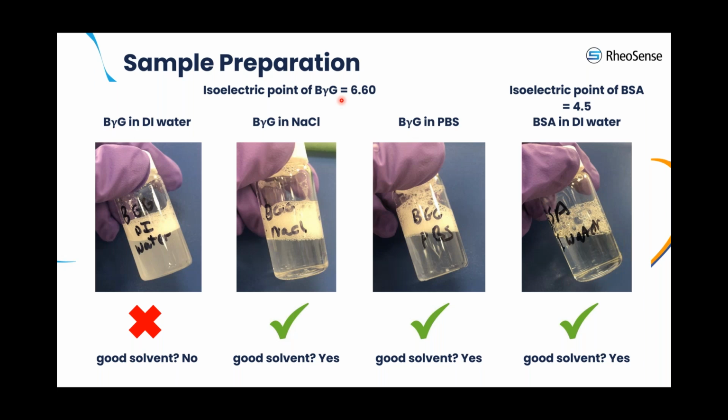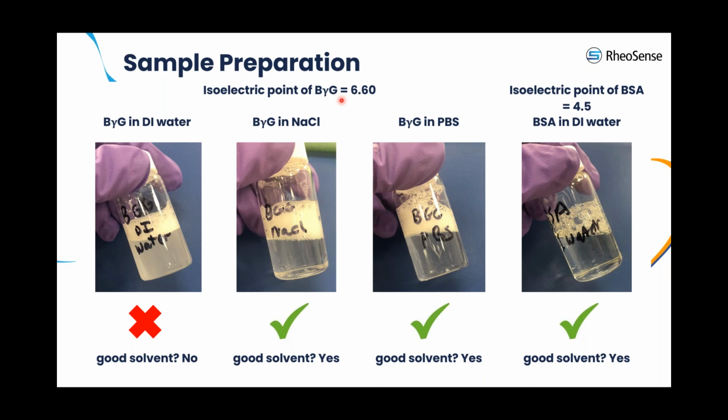Now we understand why BGG is not soluble in DI water. The pH of DI water is around 7, which is very close to the isoelectric point of BGG, which is 6.6. This is why BGG does not dissolve well in DI water. On the other hand, the isoelectric point of BSA is 4.5, which is far from the pH of DI water.